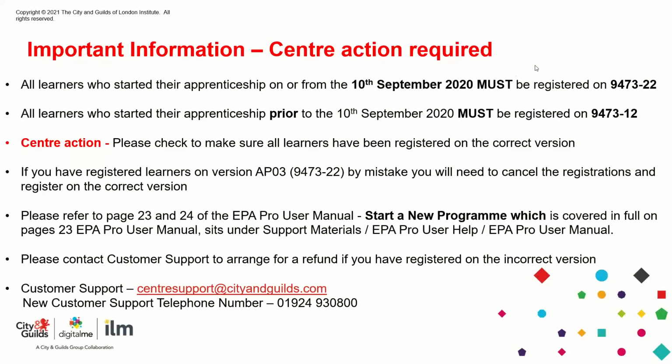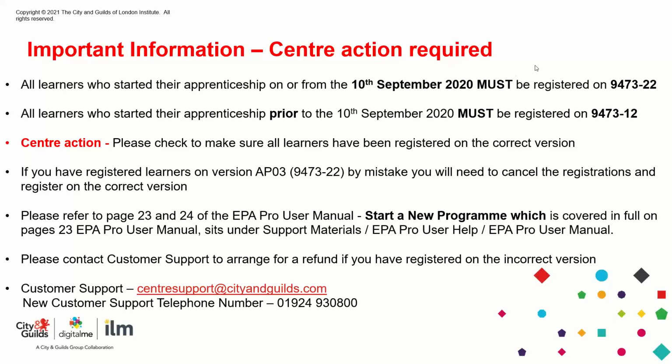In addition to this, because this will generate a registration, you'll need to cancel the old one off. So you will need to contact customer support to arrange for one to be refunded, so you're not charged twice. We have put the details of the inbox on, but also just to make you aware, we do have a new telephone number for customer support, which is 01924 930 800. Okay, and I'm going to pass over to Susie.